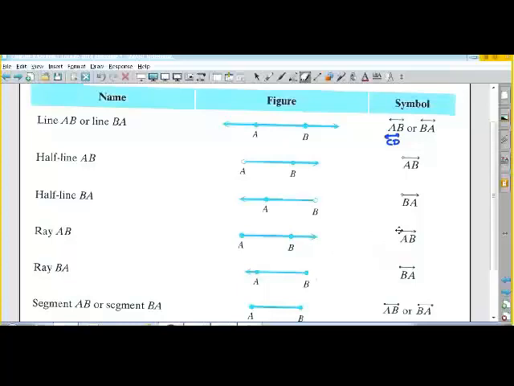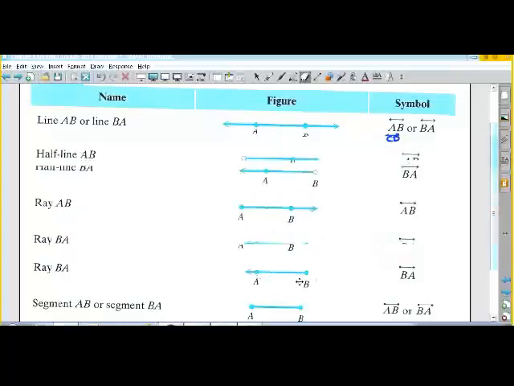They use a little dot here to represent that it's a ray. A half line is the same thing, except you don't include point A. So it's like it's infinitesimally close to A, but not exactly at A. These aren't used that much, so I won't even test you on it. So know what a line is, know what rays are.